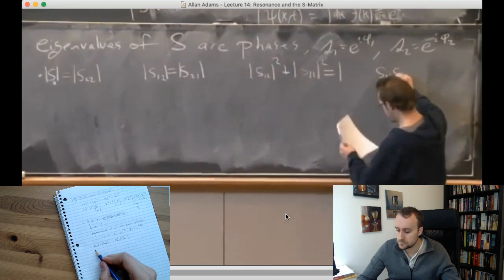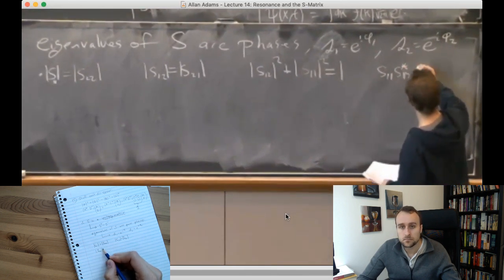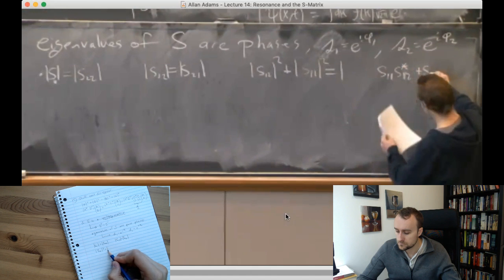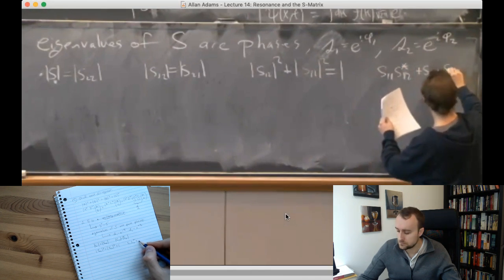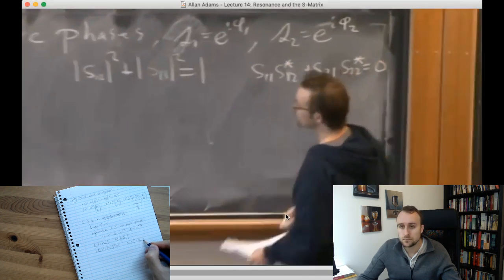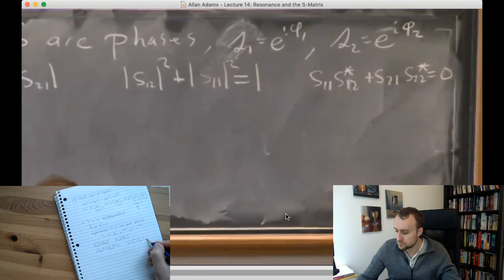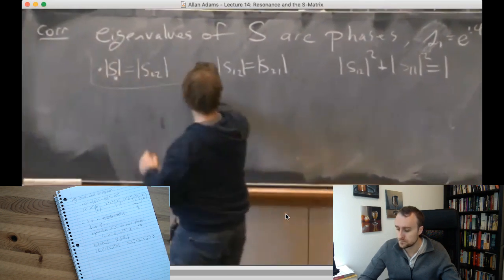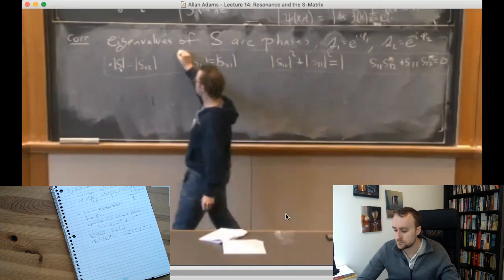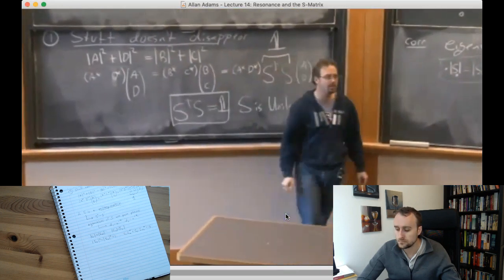Finally, S11 S12 complex conjugate plus S21 S22 complex conjugate is equal to 0. So what do these mean? What are these conditions telling us? They're consequences of conservation of probability, but they have another meaning.